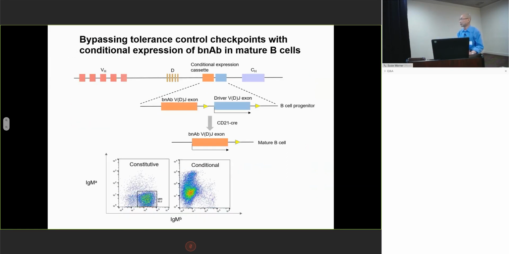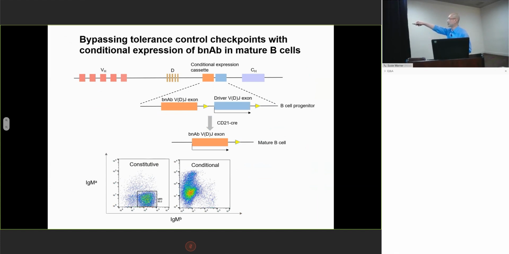So to solve this, we're using this conditional expression strategy. Here we knock in two variable regions. The first variable region, which is expressed in B cell precursors, we call the driver because it drives B cell maturation. For this, we use an innocuous mouse antibody, which doesn't cause a problem in B cell maturation. It's flanked by two loxP sites.